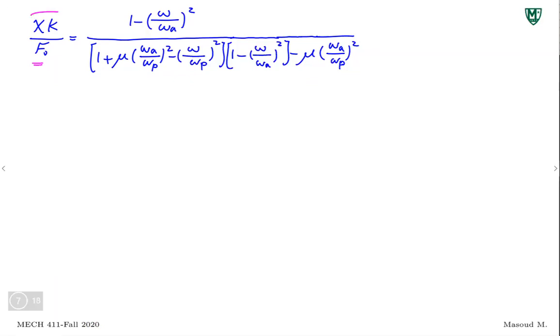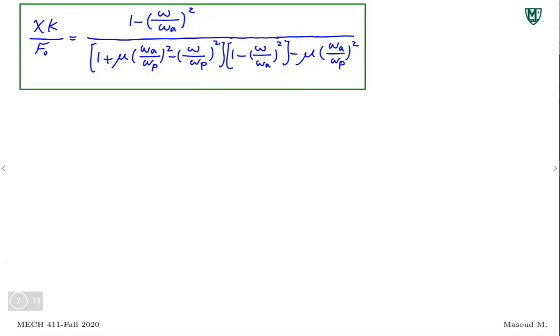So this relationship is this whole long fraction you see here. This is the force transmissibility function, right? Force transmissibility function.